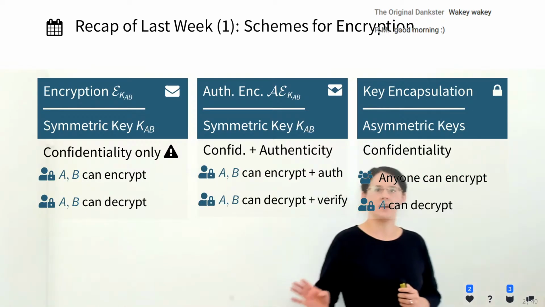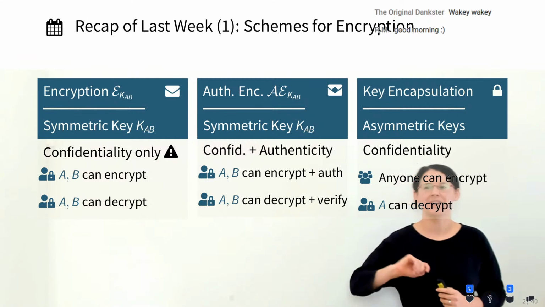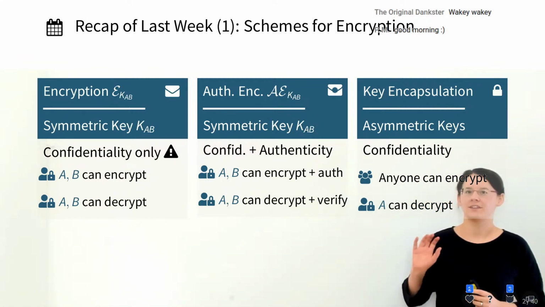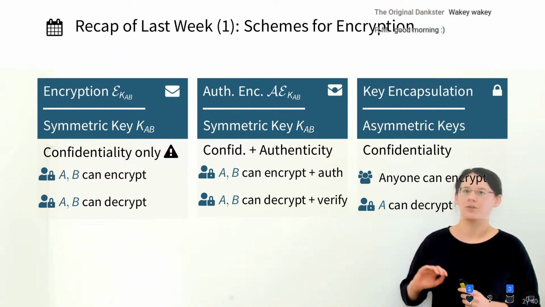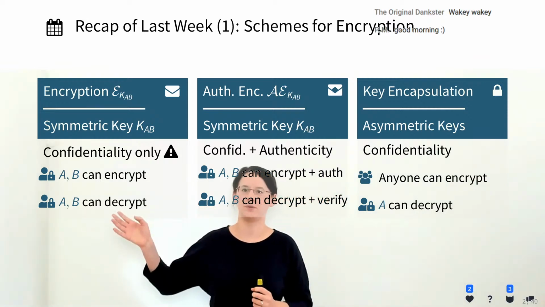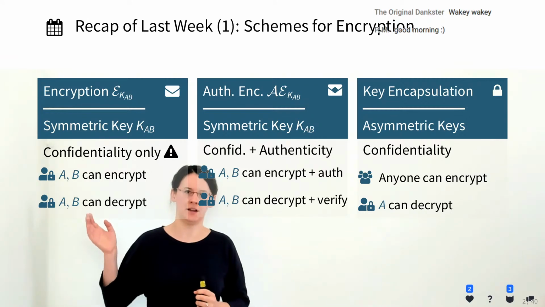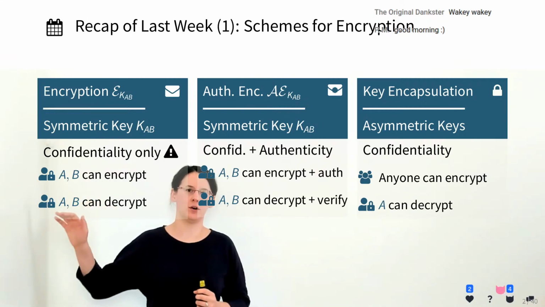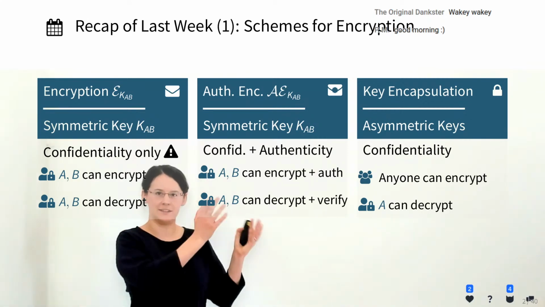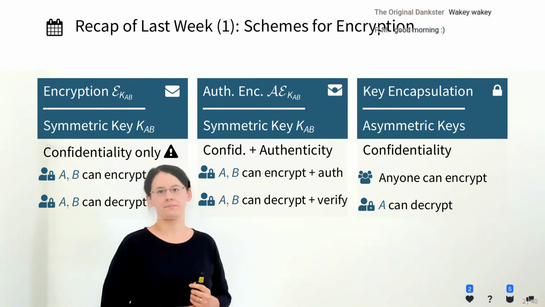So to repeat a bit what we heard last week, so that you don't entirely forget about symmetric cryptography while we talk about the asymmetric case, here's a recap of the types of schemes we heard last week for encryption. So we discussed that there are pure encryption schemes which only protect confidentiality, where both partners, Alice and Bob, can encrypt and decrypt the data, and verify the authenticity in case we're not using pure encryption, but authenticated encryption.